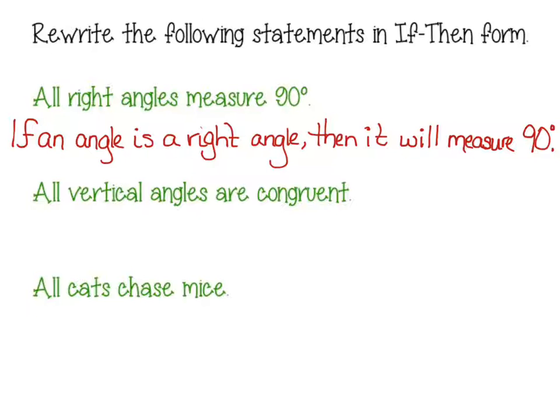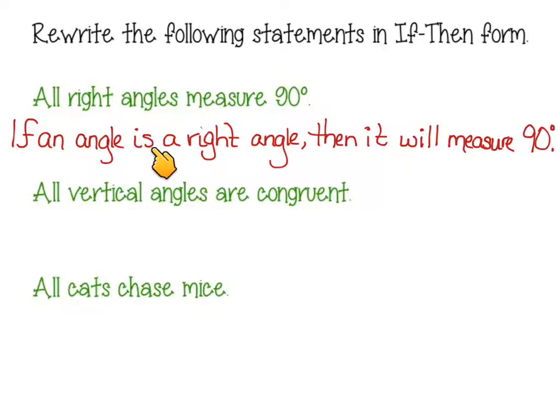Anyway, so here is a statement. All right angles measure 90 degrees. It's not in an if-then format. But what I can do is add a few words and make it an if-then statement. So notice I had to add the condition.